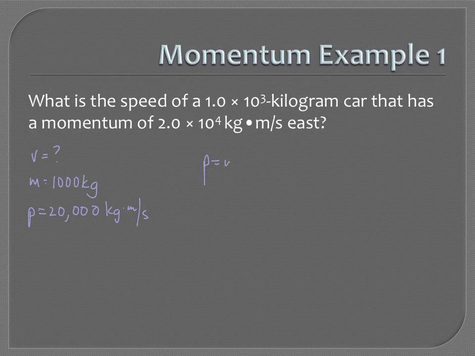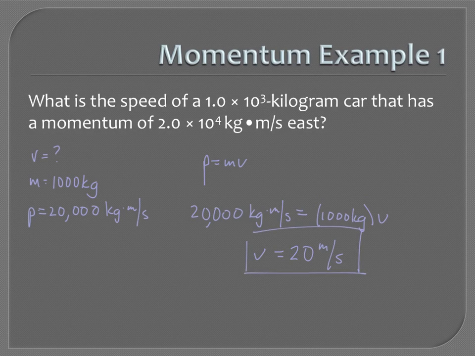So P equals M times V, 20,000 equals 1,000 kilograms times V, divided, and you should get 20 meters per second. So 20 times 1,000 gets us 20,000 kilogram meters per second.